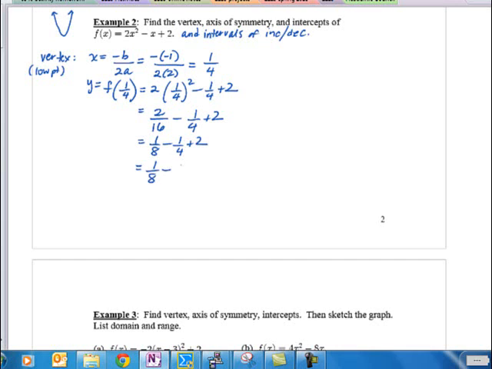And 2 is 16 over 8. So it looks like we have 17 minus 2, so 15 over 8, which is the same thing as 1 7/8. It's a lot of work to get the vertex, but the vertex is 1/4 for the x, and then 15/8 or 1 7/8 for the y.